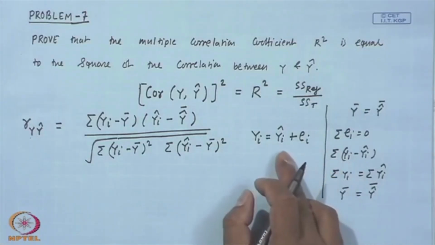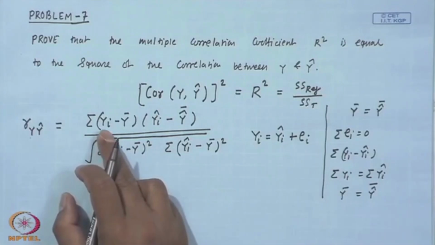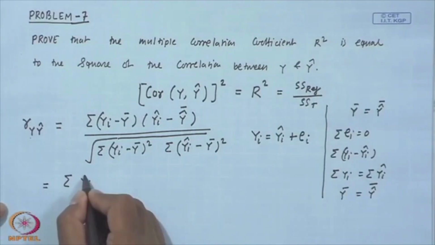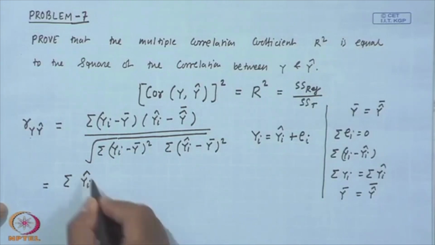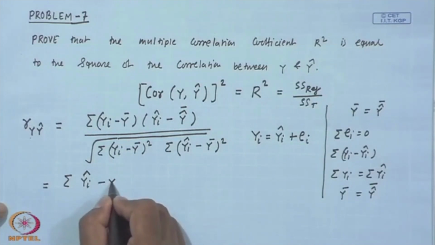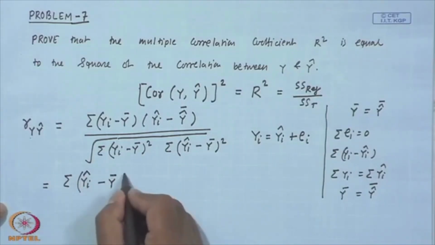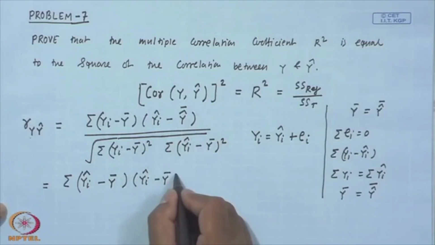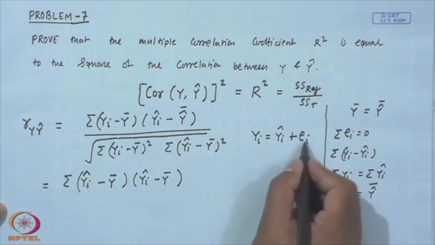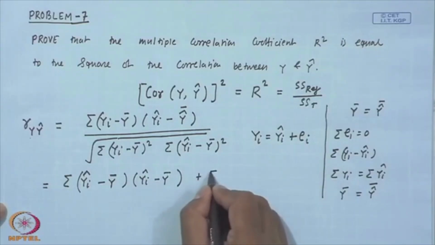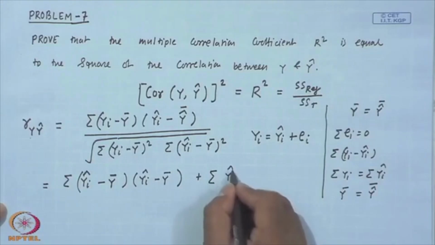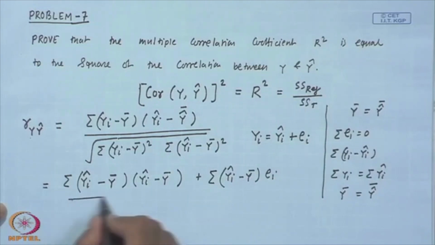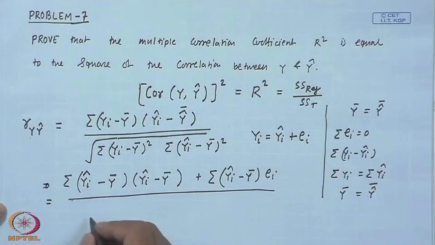So, if I put that expression here, what I will get is y I hat minus y bar into y I hat minus y bar, because this is nothing but y bar only, plus I have an extra term here because of this plus E I. So, plus y I hat minus y bar into E I. Okay. And the denominator is the same.